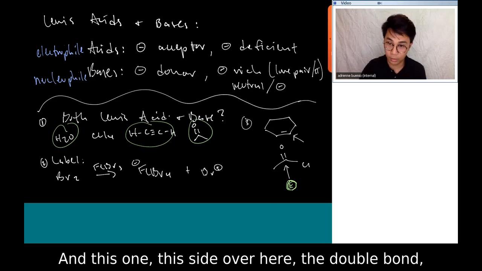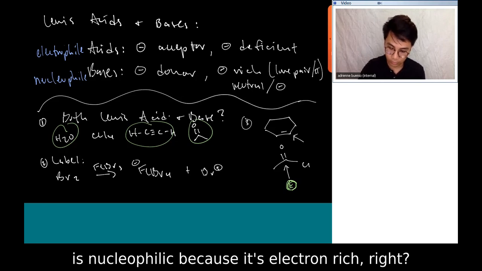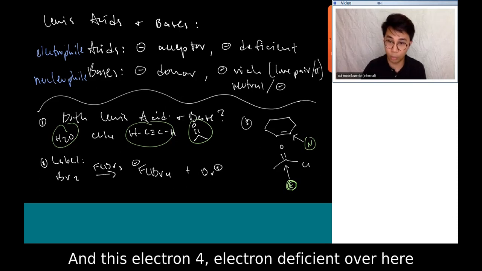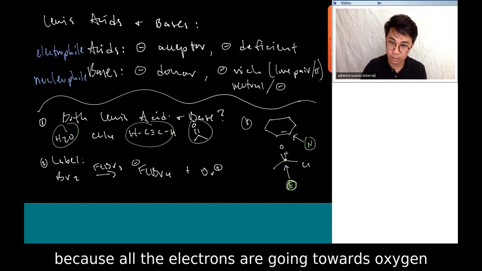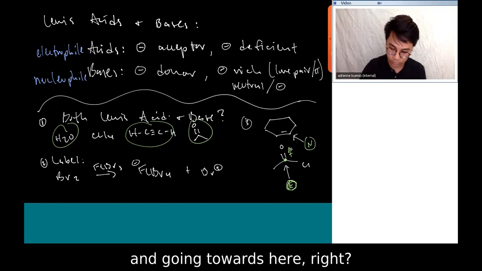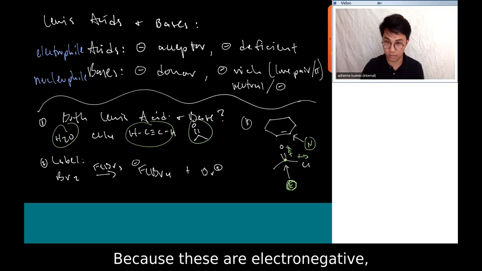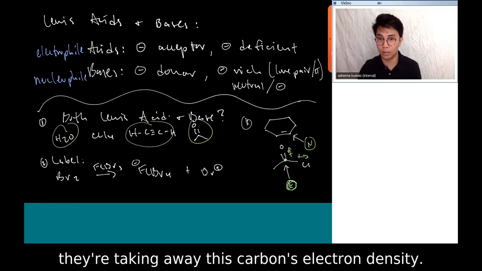And this side over here, the double bond, is nucleophilic because it's electron rich, right? And this is electron poor, electron deficient over here, because all the electrons are going towards oxygen and towards Cl. Because these two are very electronegative, they're taking away this carbon's electron density.